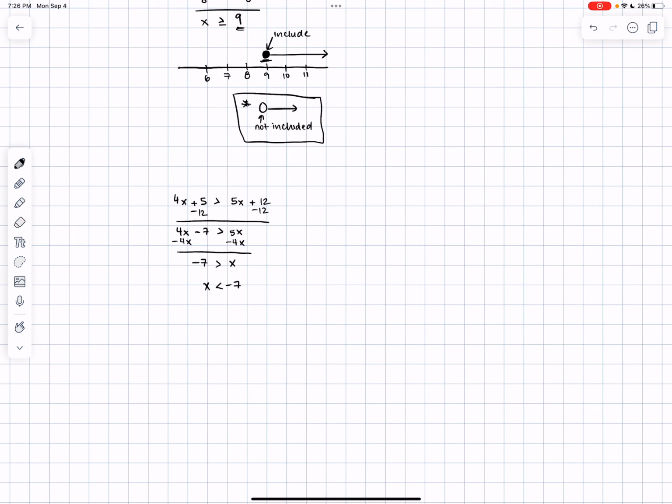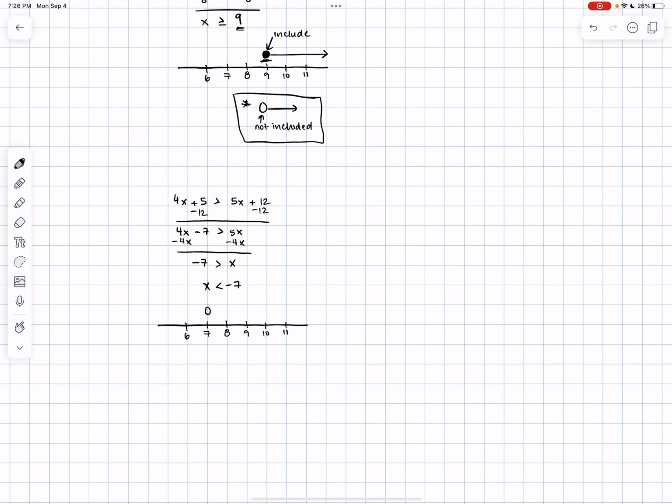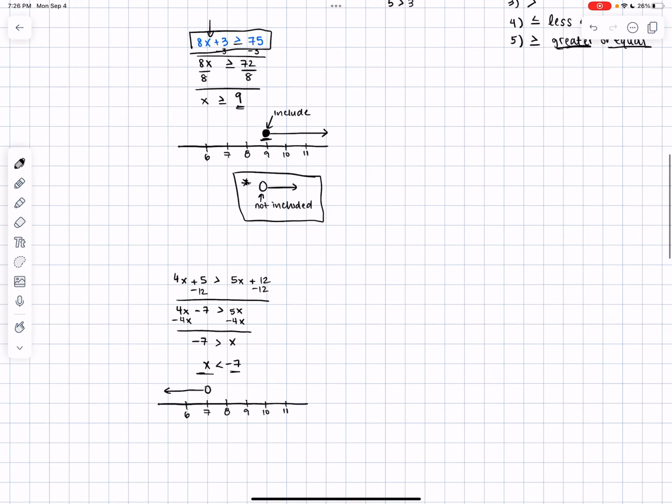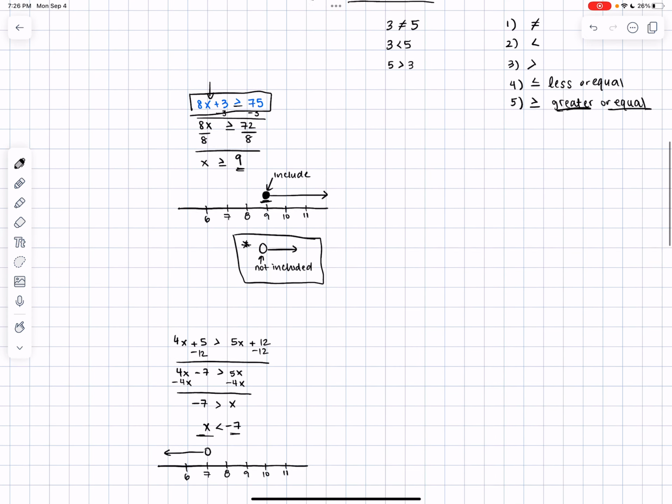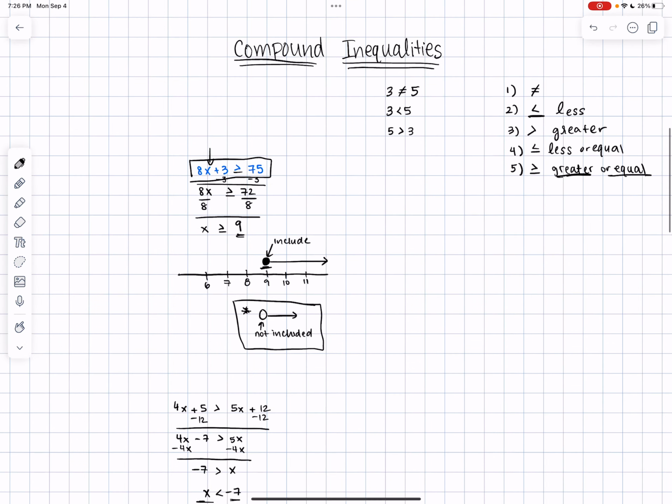So when we draw our number line, it's going to be an open circle at negative 7, and then this way, because it's not greater than, it's less than negative 7. So our less than symbol right here, and this is our greater than, and this is our not equal to.